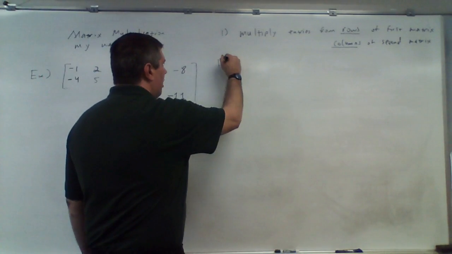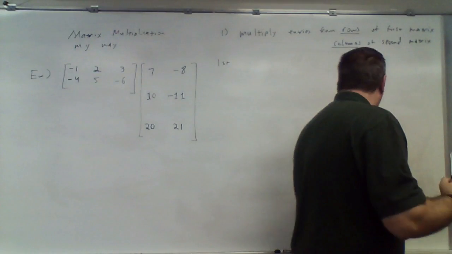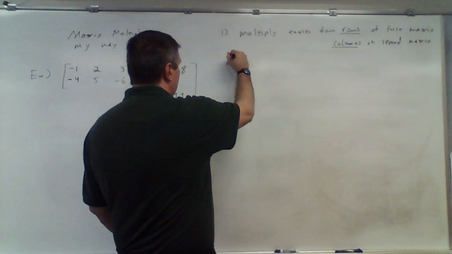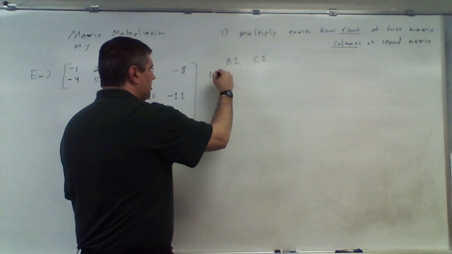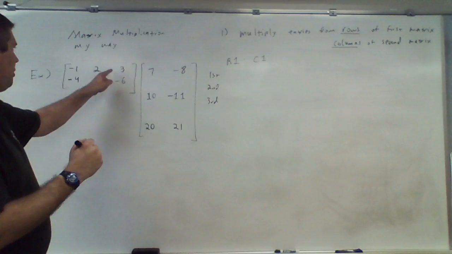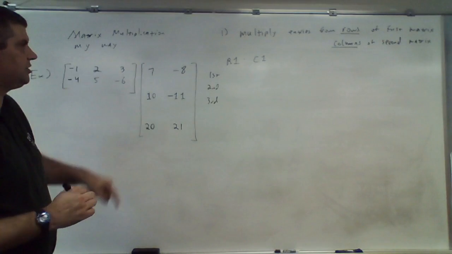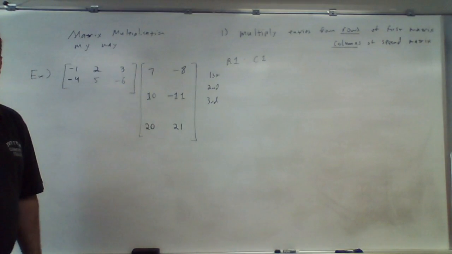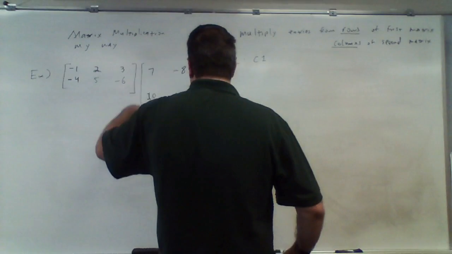So row 1 times column 1. These each have 3 entries. You must have the same number of entries from the rows to the columns.